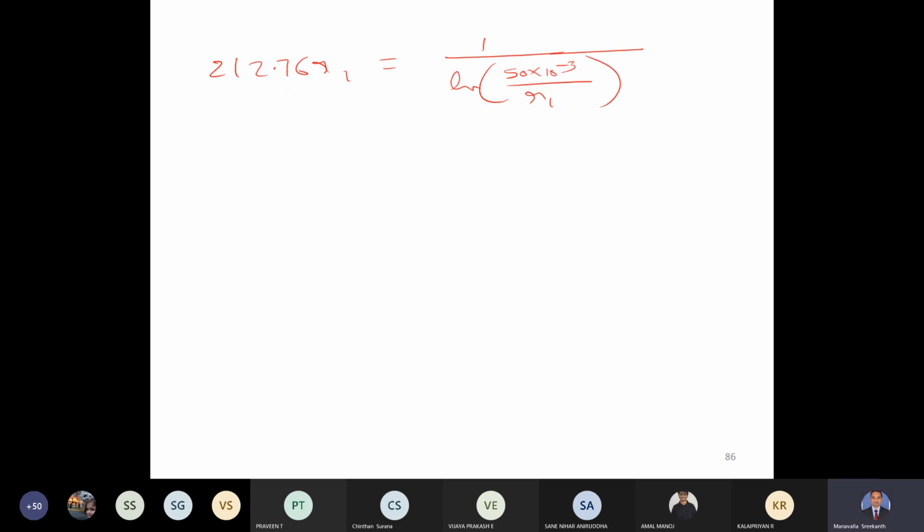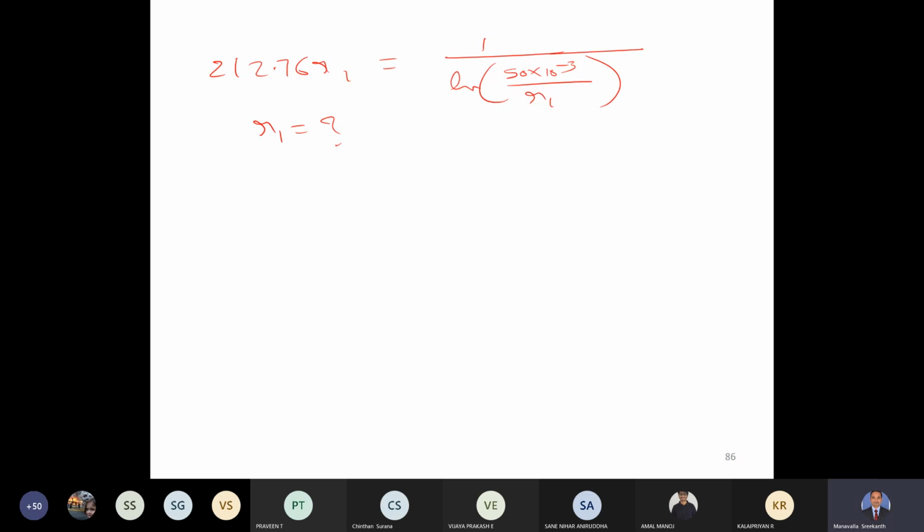Now you may try to solve this in different ways. It's a little bit tricky because this is not really a linear equation. So from this, the actual idea is to find what is R1. Finally, the equation that we are left with is 12.76 R1 is equal to 1 by log of 3 into 10 power minus 3 by R1.